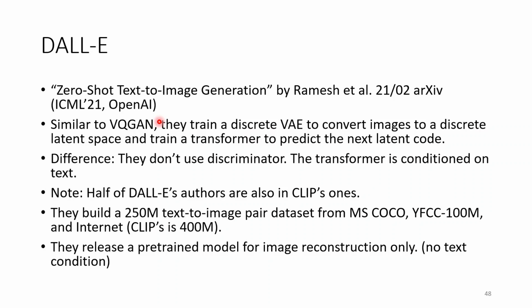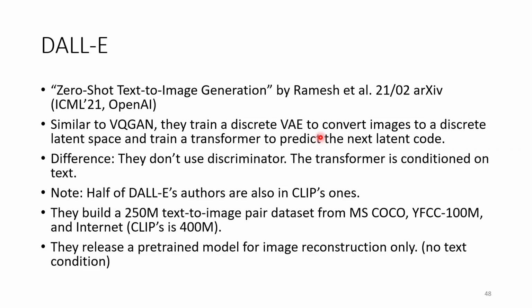But the difference is they don't have a discriminator, and they have a transformer, but the transformer is conditional on text. In VQGAN, the transformer is conditional on classes, depths, or skeletons, or sentence semantic maps. But DALL-E can condition their input as text.